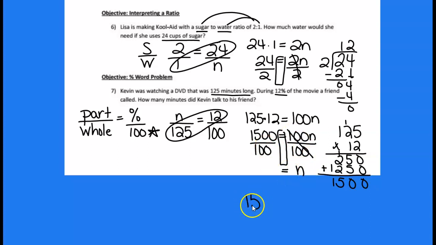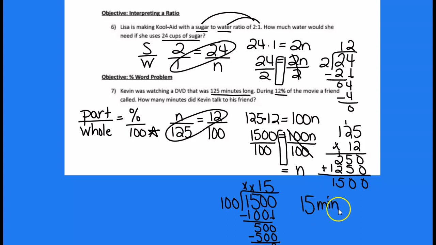We have 1,500 divided by 100. 100 does not go into 1, does not go into 15, goes into 150 one time. 100 into 500. He talked to his friend for 15 minutes.